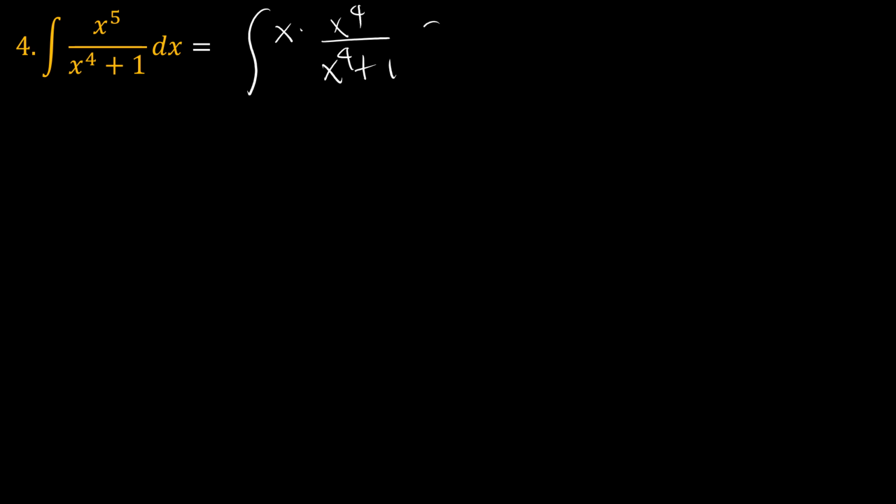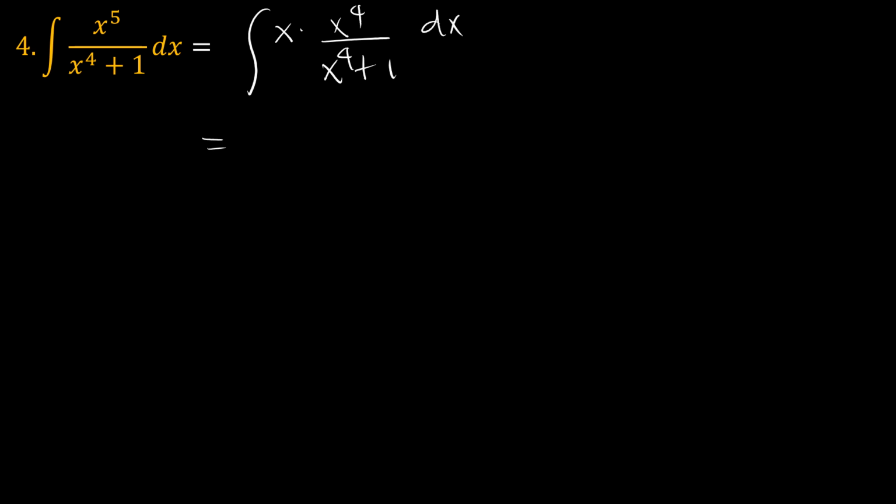For problem number 5, the indefinite integral of x to the 5 over x to the 4 plus 1, we can solve it like this. So I'll pull x out here so that now I have x times x to the 4 over x to the 4 plus 1.